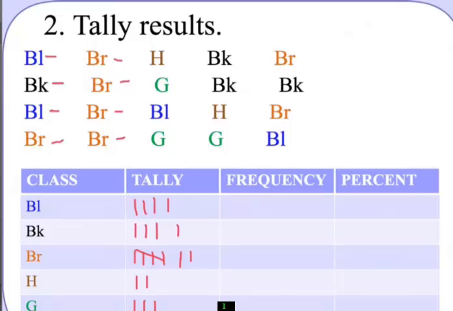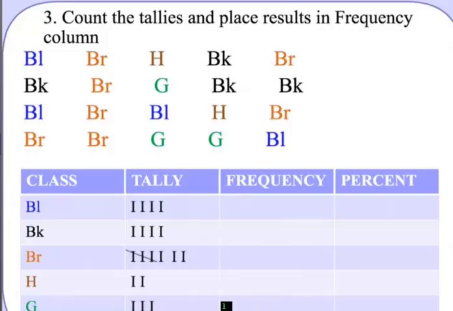So what I have done is literally put a tally mark for each student based on the results that they gave me. This is going to help me for the next step when I look at frequency. Right now, again, all I've done is the tally. Step 3 tells me to count the tallies and place those results in the frequency column. So literally all I'm going to do is go through here and say I've got 1, 2, 3, 4, and I'm going to write down a 4.